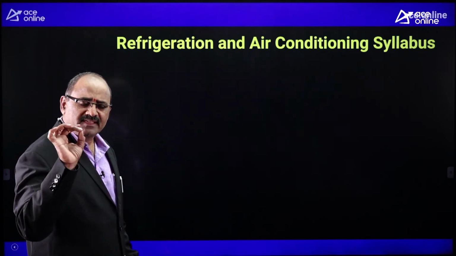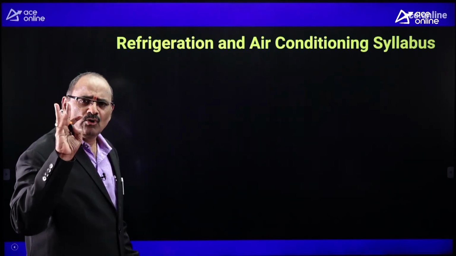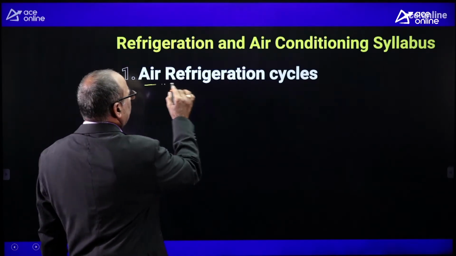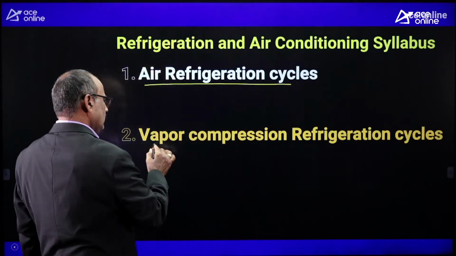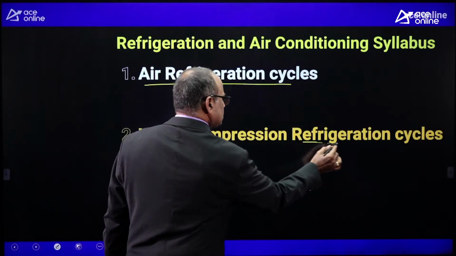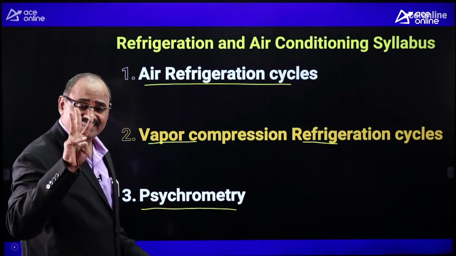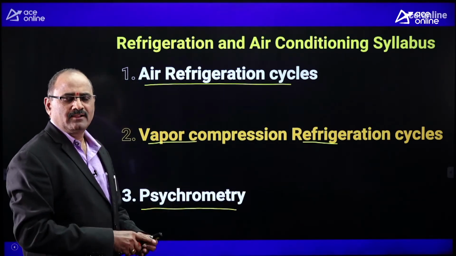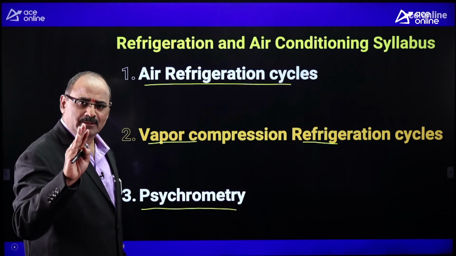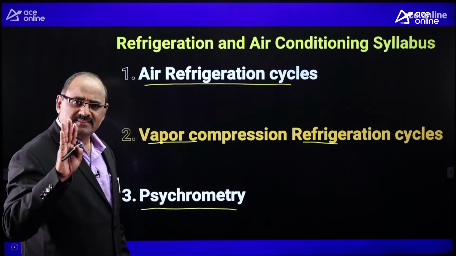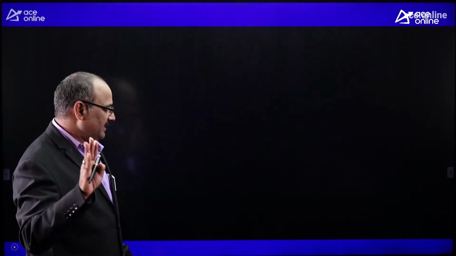The syllabus is only three parts, namely air refrigeration cycles, vapor compression refrigeration cycles, and psychrometry. That's all. Only three topics are included for the TSPSC AEE exam. Though it has only three topics, look at the weightage.